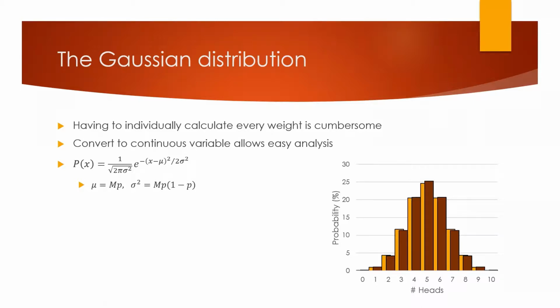The binomial distribution in some cases is overestimated by the Gaussian distribution, in other cases it's underestimated. The Gaussian distribution tends to overestimate the extremities and also the middle here, and underestimate these intermediate regions.